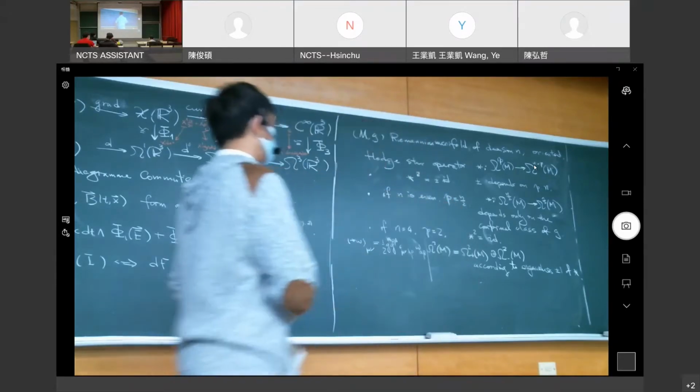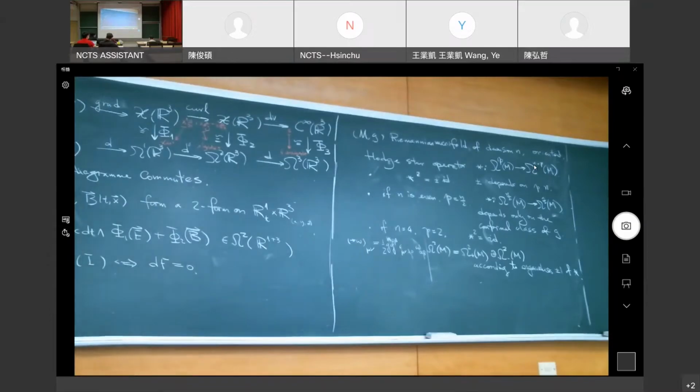Sorry about that. I believe that is correct. So that is the explicit formula for the Hodge star. When we have a 4-manifold, then the Hodge star is in the middle dimension.